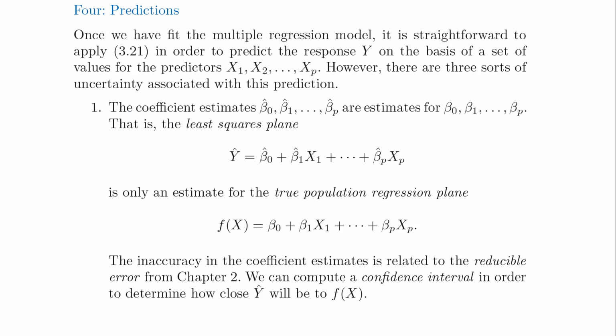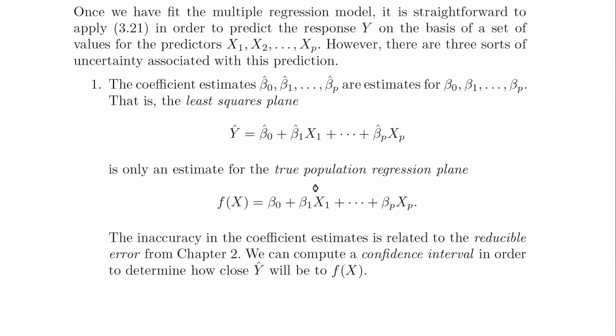The coefficient estimates, beta hat naught to beta hat p, are estimates for beta naught to beta p. That is, the least squares plane is only an estimate for the true population regression plane. So you're assuming that there is a true plane, but yours is only a least squares plane.